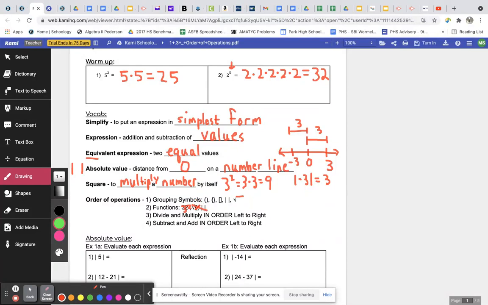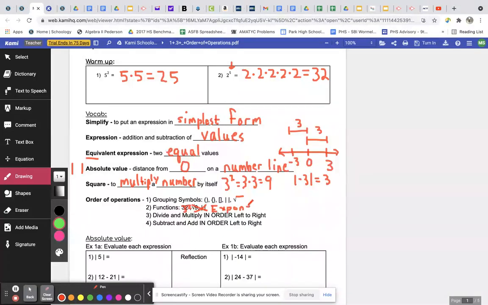Square roots and that kind of business are included in the grouping symbols. So when we say functions, we mean exponents, another word for exponents right there.